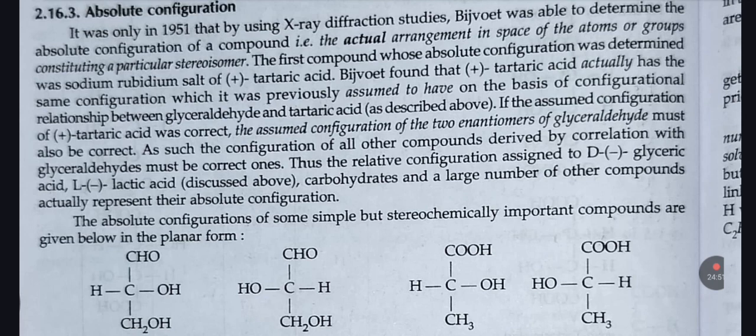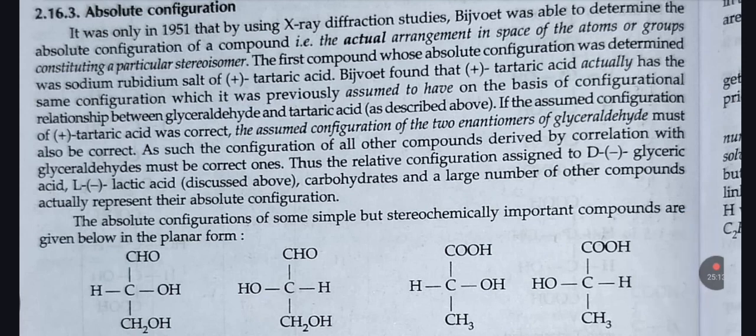If the assumed configuration of positive tartaric acid was correct, the assumed configurations of the two enantiomers of glyceraldehyde must also be correct, as the configurations of all compounds derived by correlation with glyceraldehyde must be correct.